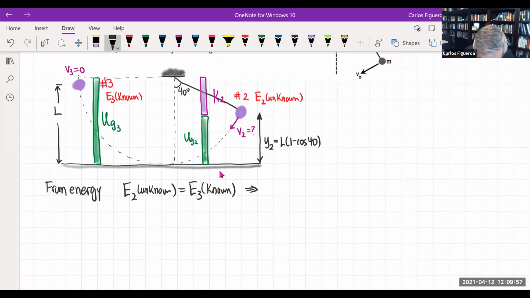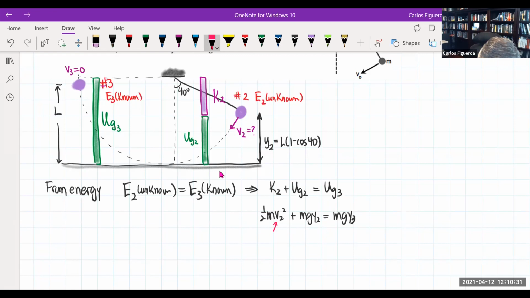And that tells me I could write K2 plus UG2, and that has to equal UG3. So then I start writing out my equations here, and this is going to be 1/2 m v2 squared plus, not 1/2, it's going to be m g y2, and this will equal m g y3. So again, this is what we want to solve for.